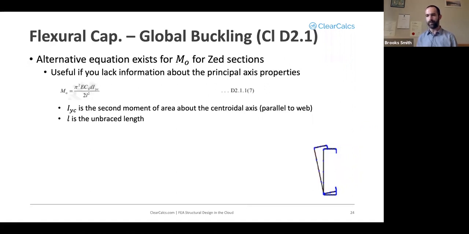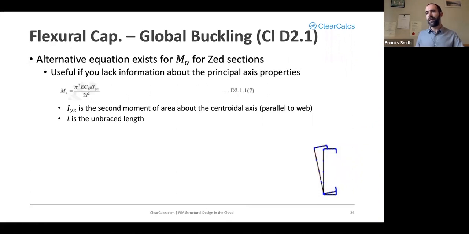Some of you may remember K times L as your effective unbraced length. So you would multiply in a different K. But in most cases, K is 1. So most cases, effective unbraced length is just whatever the distance is between the different types of bracing.